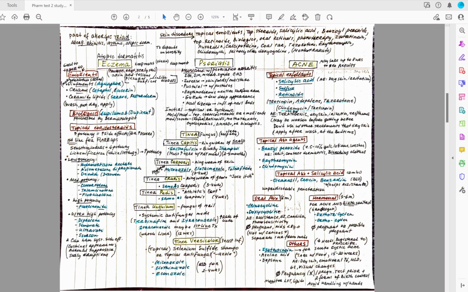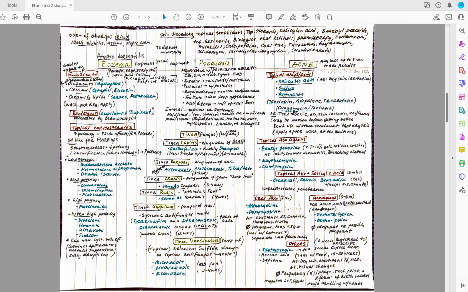If eczema was associated with the allergic triad, allergic rhinitis, asthma, and eczema, psoriasis is associated with psoriatic arthritis, as well as IBS, DM, metabolic syndrome, and CAD.